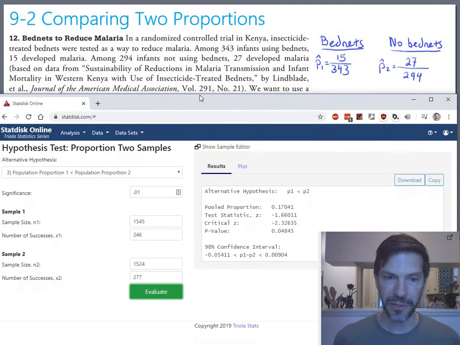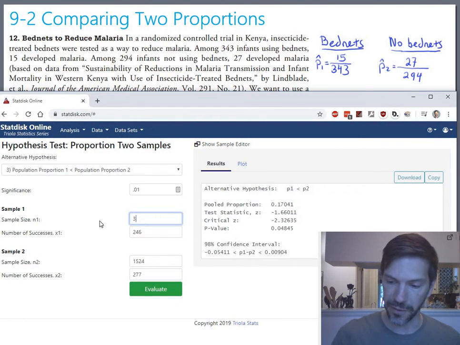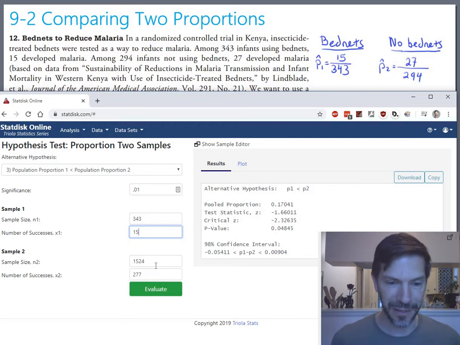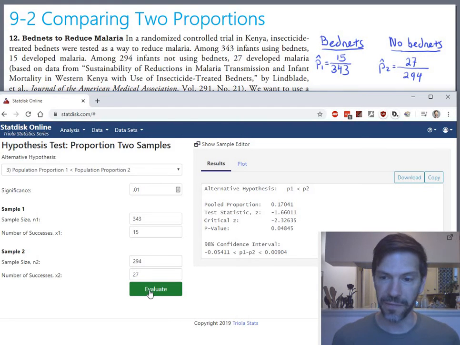Sample size for group 1, it was 343 babies and 15 successes. And 294 babies in the second group, and 27 of them got malaria. All right, let's evaluate and see if there really is a difference here.